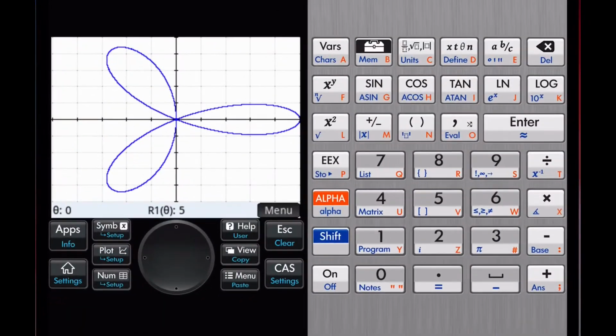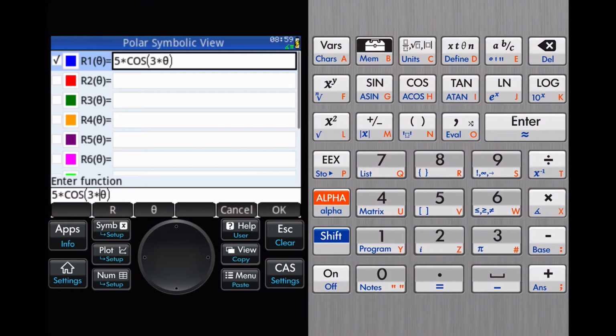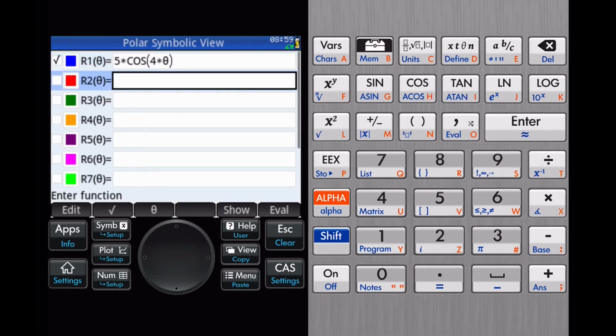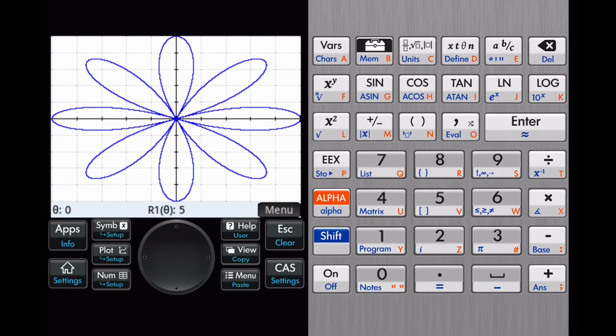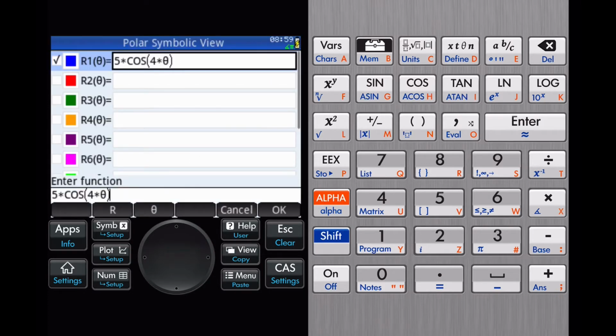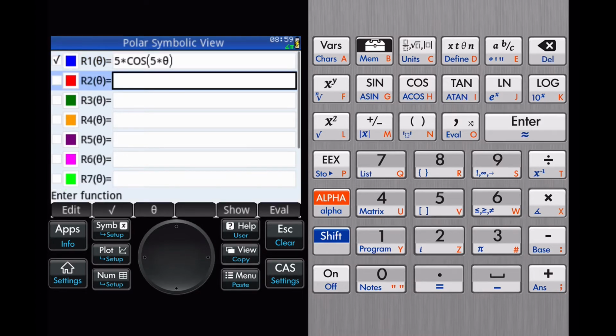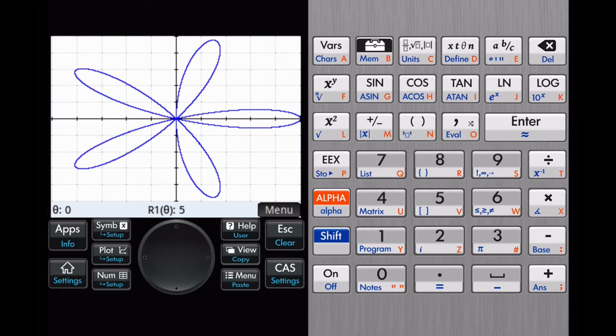So let's go to our calculator. Let's try to put in 4. So now N is 4. Wow, we can see there are 8 petals. Let's try to go to 5. So I'll change that 4 to a 5. And now I can see there are 5 petals.